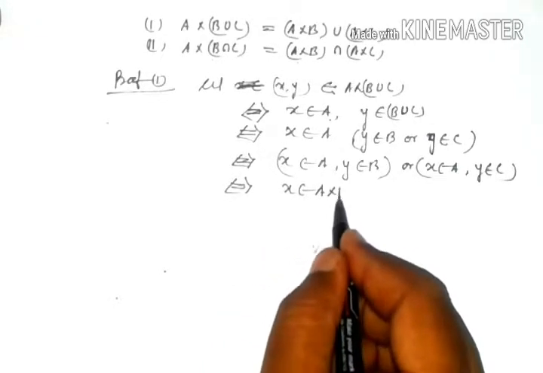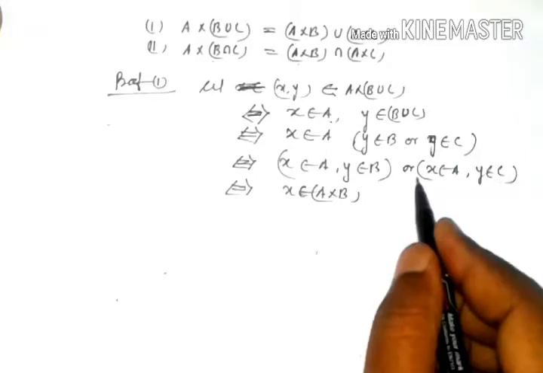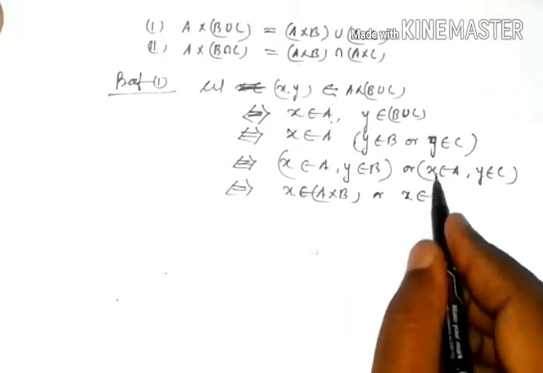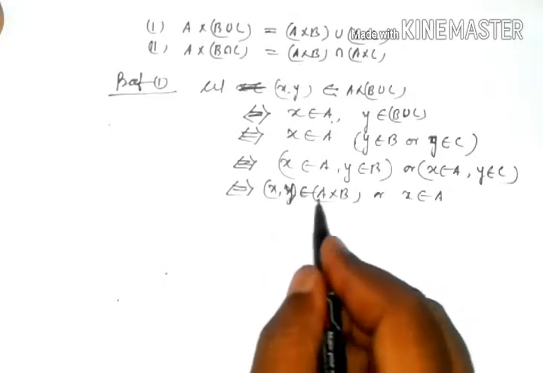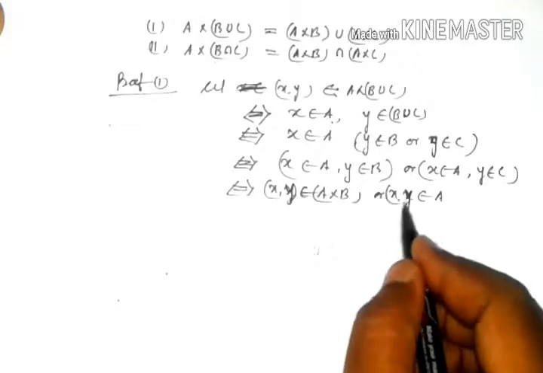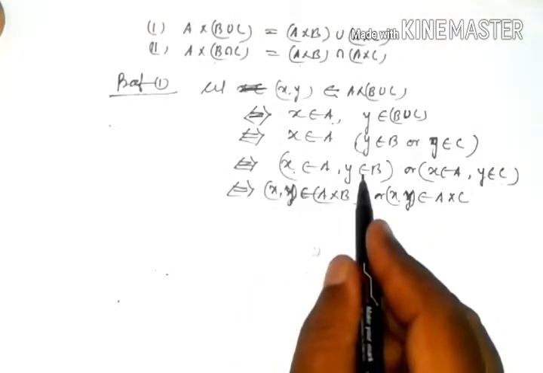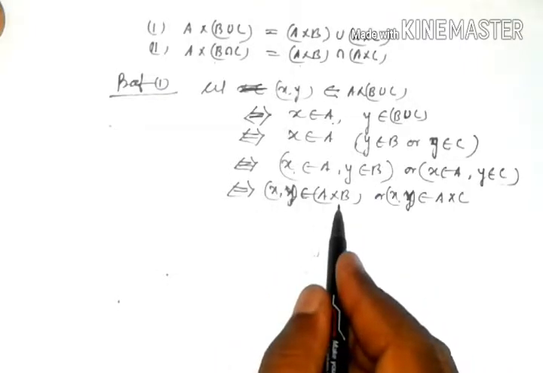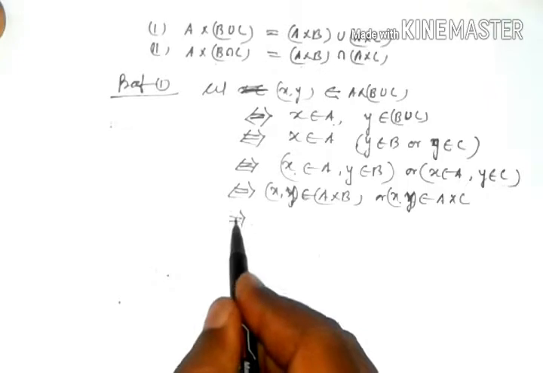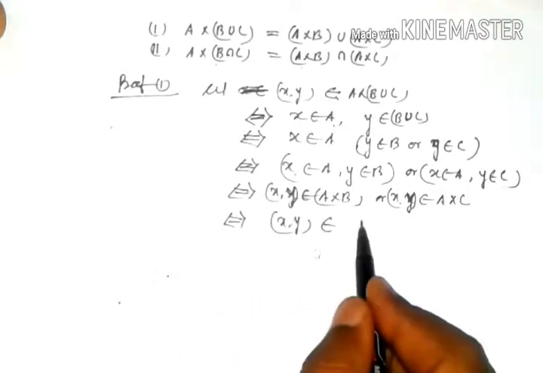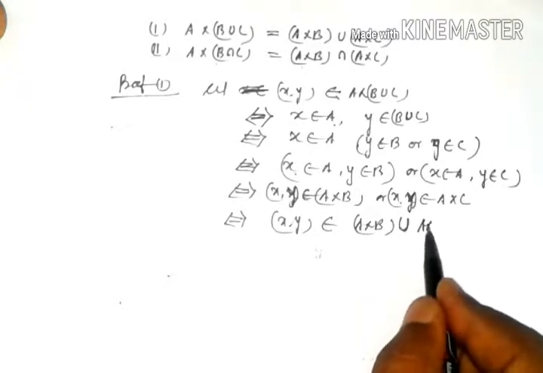x belongs to A, y belongs to B means (x, y) belongs to A cartesian product B, or x belongs to A, y belongs to C means (x, y) belongs to A cartesian product C. This implies (x, y) belongs to (A cartesian product B) union, in place of or, (A cartesian product C).